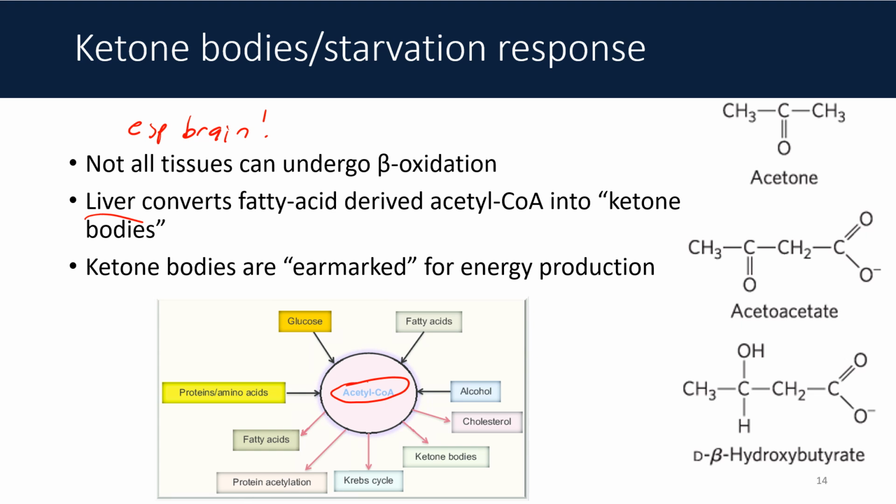And that acetyl-CoA may get depleted by the time it reaches the tissues that need it the most, like the brain. So the liver needs to package acetyl-CoA in a certain way that tells the body this molecule is only to be used for food. And it does that by converting acetyl-CoA into what's known as ketone bodies.